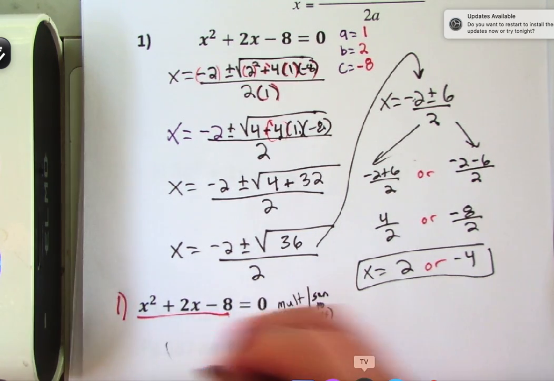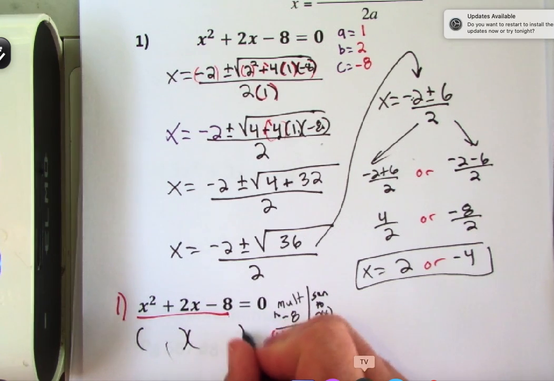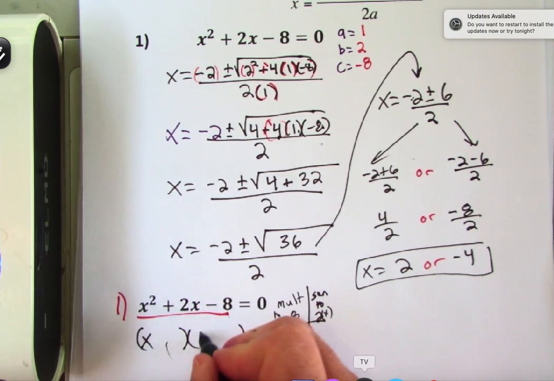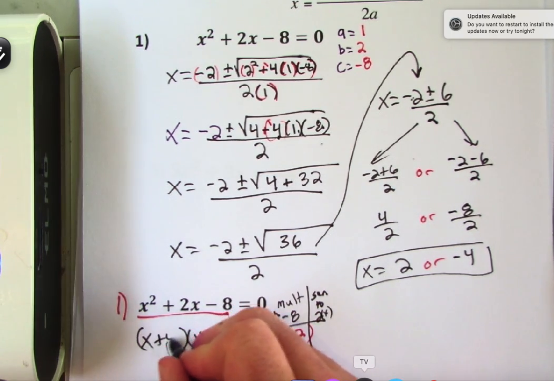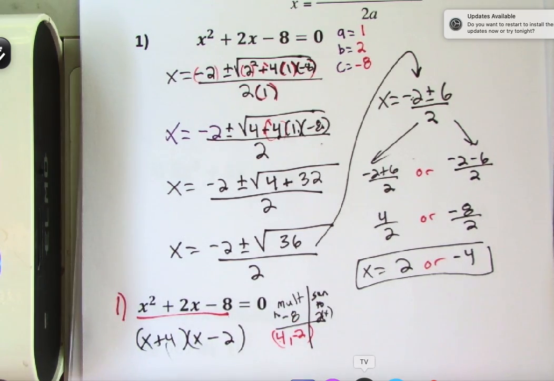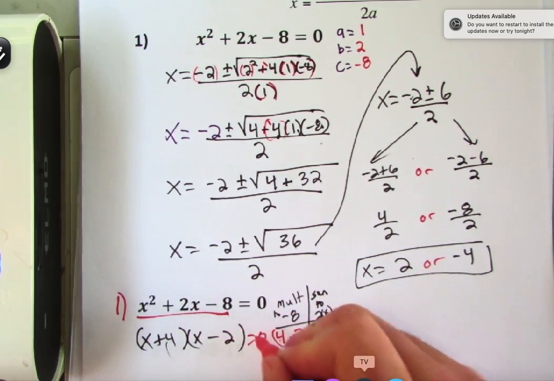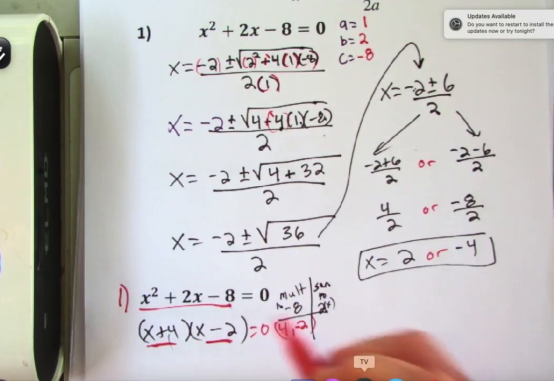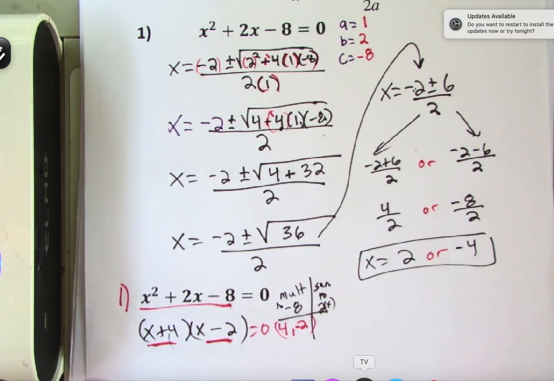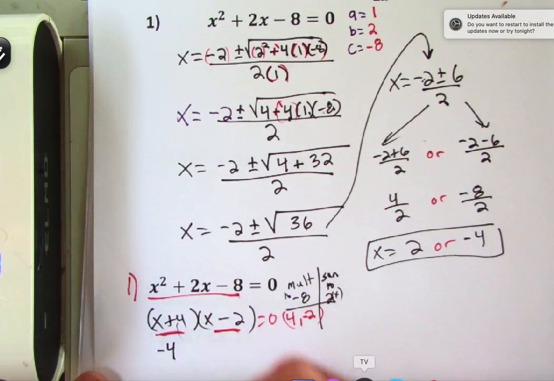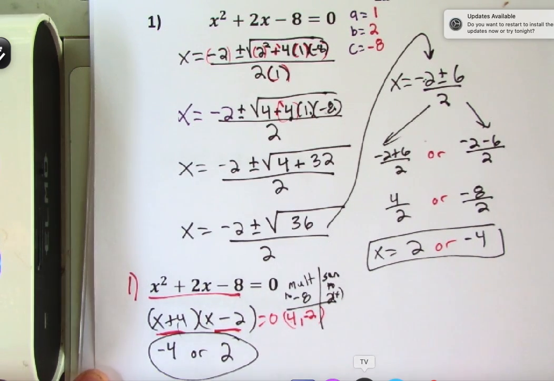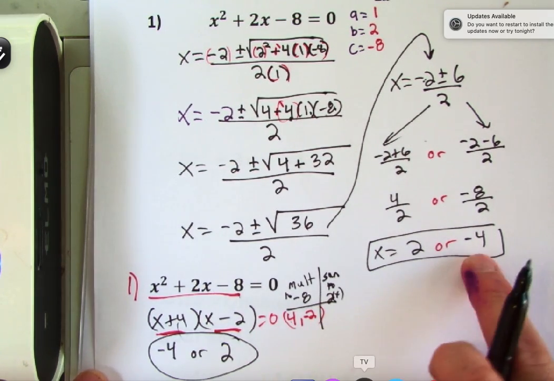So we can actually factor this. Because it's x squared, we can put an x and an x, plus 4 minus 2 equals 0. And now, using the zero product property, we know what makes it equal to 0: negative 4 for this one, or 2. And check it out, same answers.